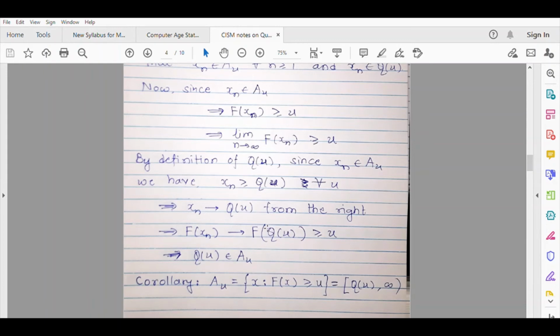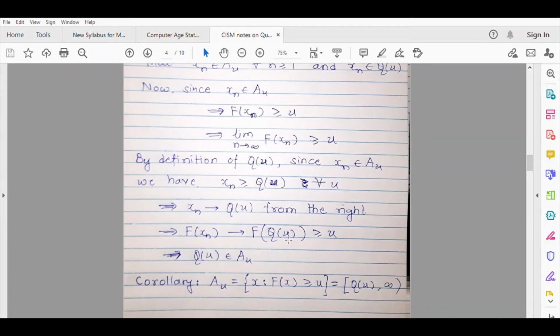Why is it so? Why do you get f at QU greater than or equal to u? Think about it. Spend a couple of seconds here. Notice that QU is the infimum of all x such that f of x is greater than or equal to u.